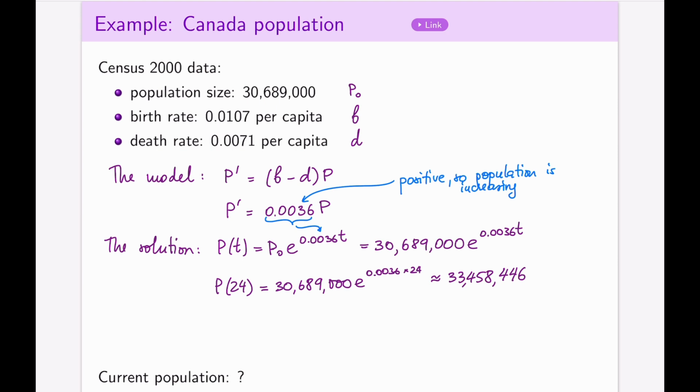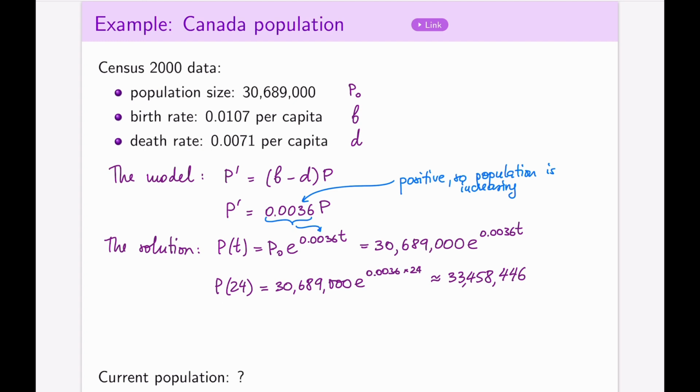Now, what do we have here in the end? What we have just computed is, given the census data from 2000, the birth and death rate of the Canadian population in year 2000, the model that can be used to calculate the population sizes in future years. And in particular, we have calculated the population size for the year 2024, which is where we are today.